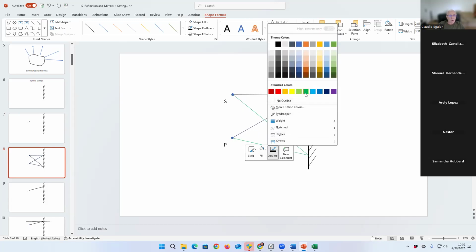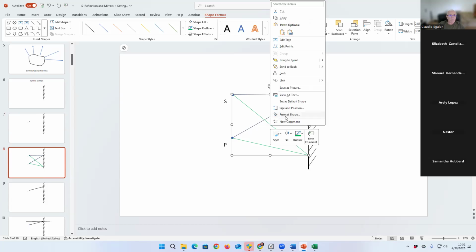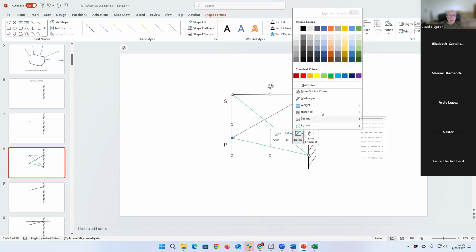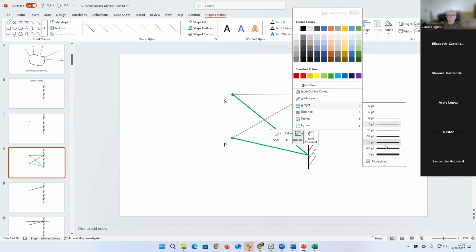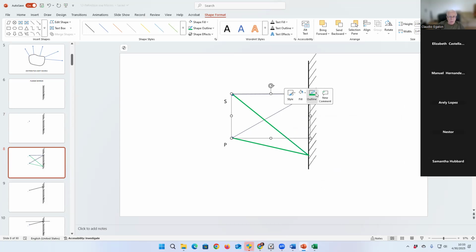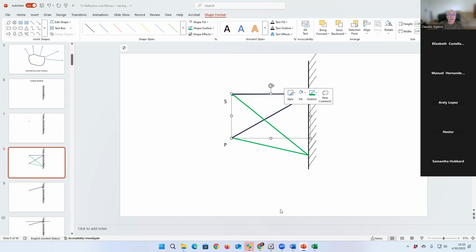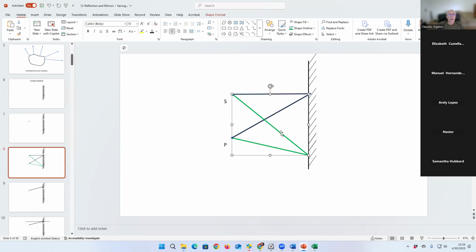I'm going to put that in different colors. Here you go. And I'm going to make it thicker too, so you can see it better. So there is an infinite number of possible paths that you can have here. Here are other possible paths. Now I've got to do it a different way.